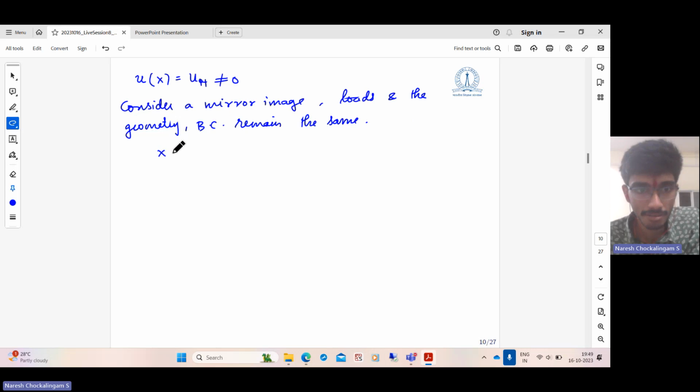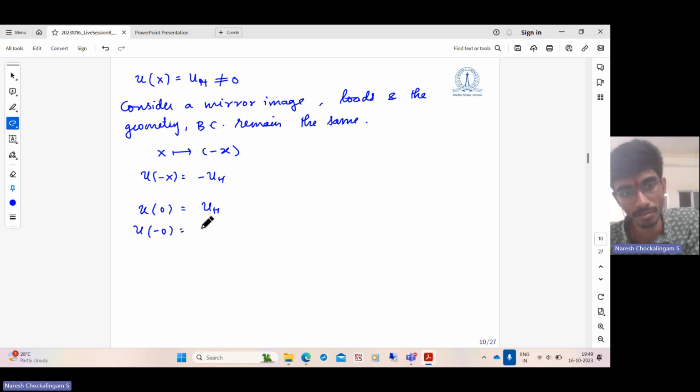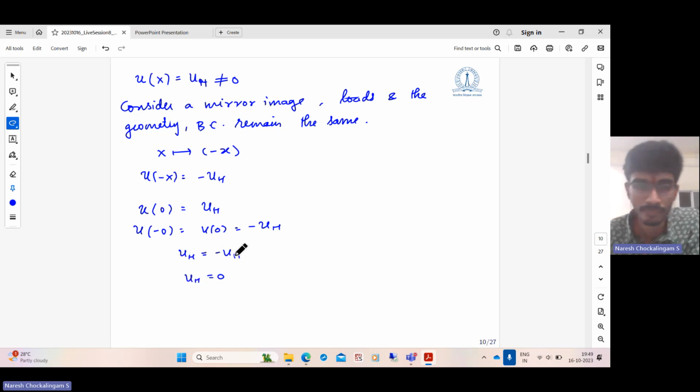So basically, a mirror image is to transform x to minus x. But then, u of minus x becomes minus UH. But now we are looking at the point x equal to 0, which means u of 0 is equal to UH, but u of minus 0, which is also equal to u of 0, is equal to minus UH, which means UH is equal to minus UH. Therefore, UH has to be equal to 0.